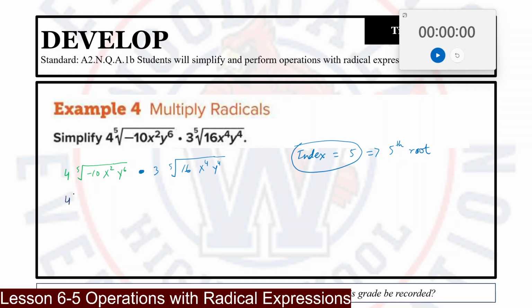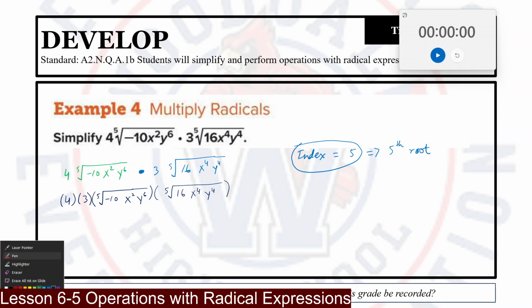So I can rewrite this as 4 times 3 times the fifth root of negative 10 x squared y to the sixth times the fifth root of 16 x to the fourth y to the fourth. So 4 times 3 gives me a 12.